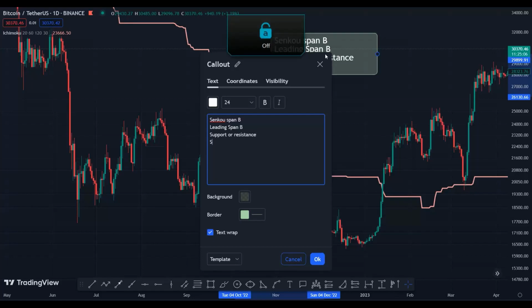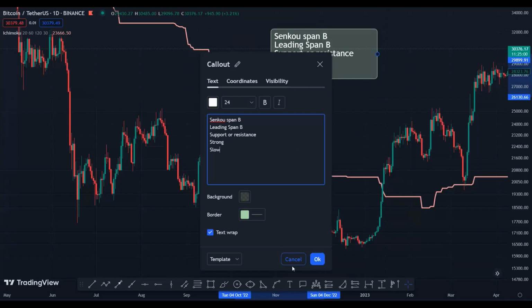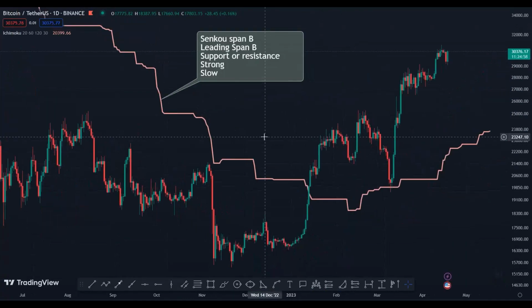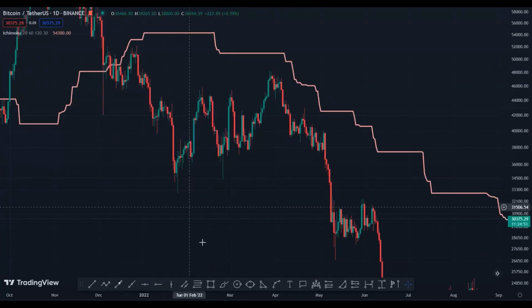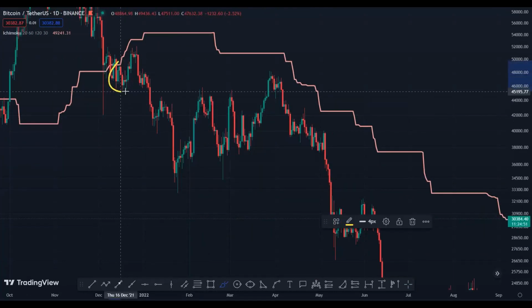It's strong, it's slow. Whenever price breaks the leading span B to the downside, that's the time for you to be bearish.